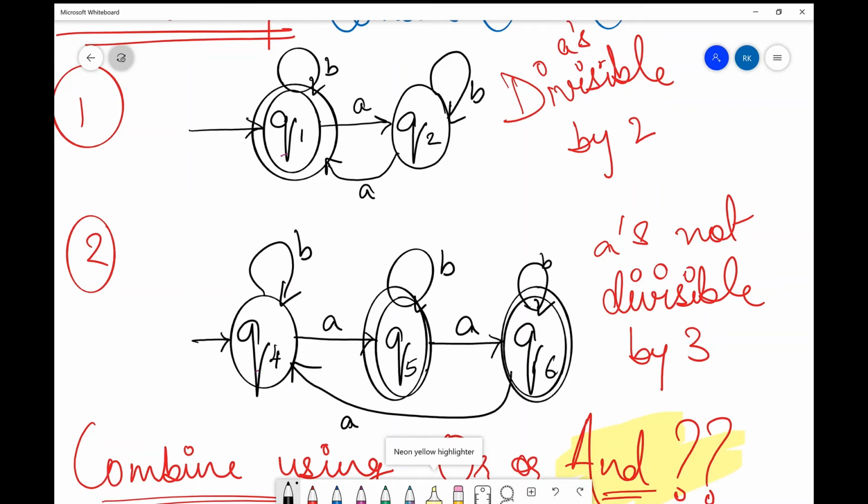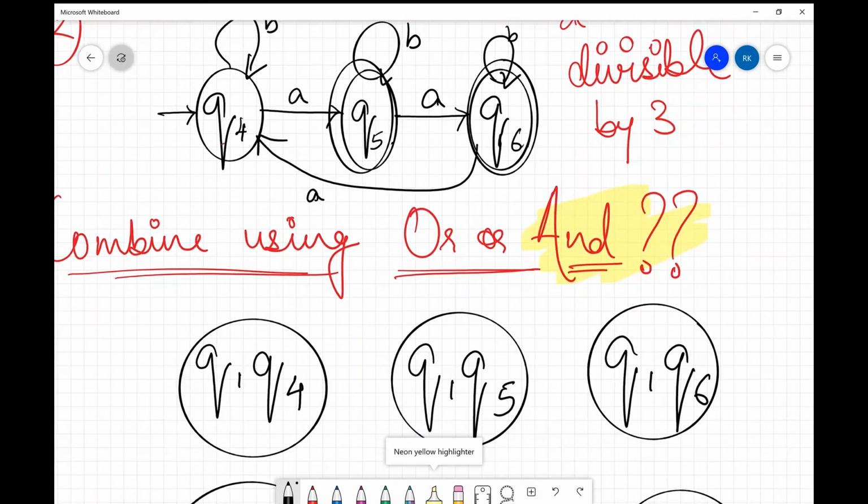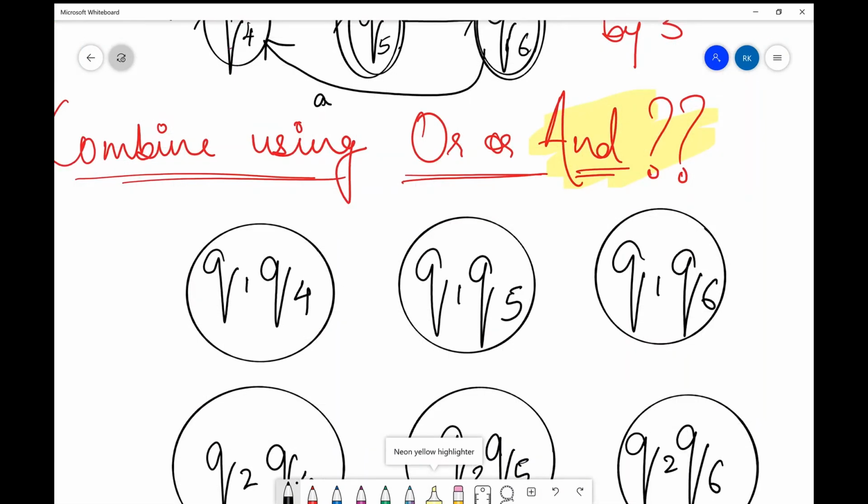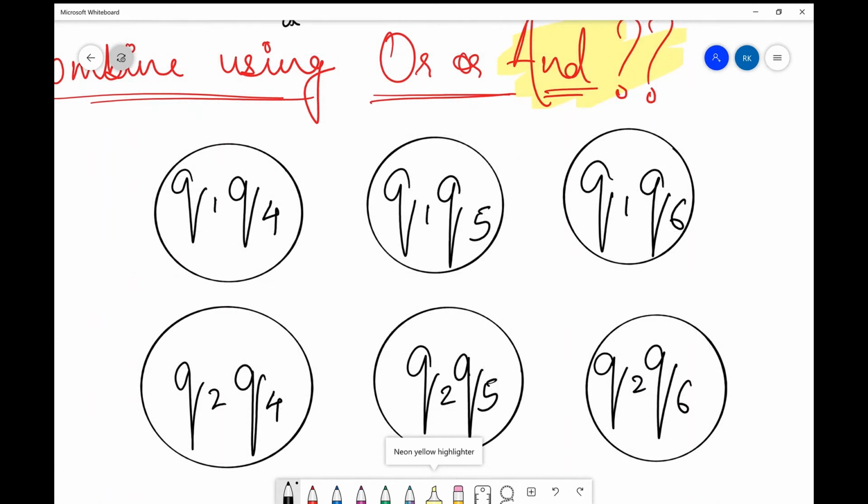Now, just study that when you go from Q1 with an edge A, you are able to reach Q2. So the same should happen in the new DFA. From Q1 with an edge A, you should be able to reach Q2. So let's see over here. Here is our Q1, here is our Q2. From Q1 with an edge A, I should be able to reach Q2. Now you may say that there is Q2 over here also.